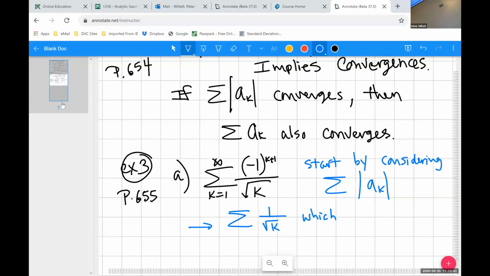Is that okay? Yeah, that makes sense. Okay, so we say this diverges by p-series test with p equal to 1/2, which is less than 1.